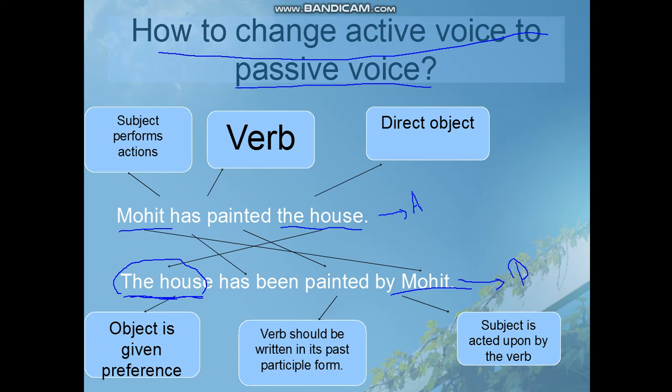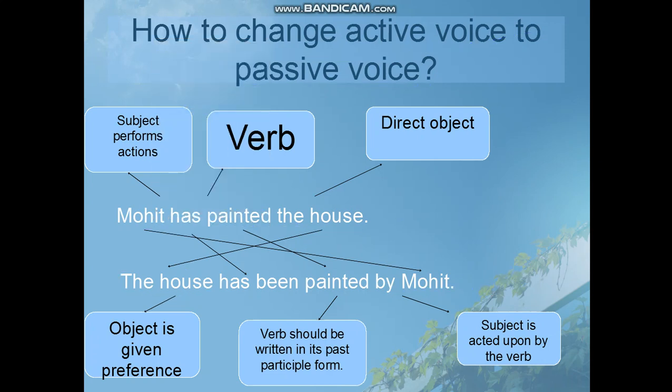So in the active voice, Mohit is the word which is starting, which is the subject. The subject moves to the last in the passive voice. Let me mark, this is the passive and this is the active voice.